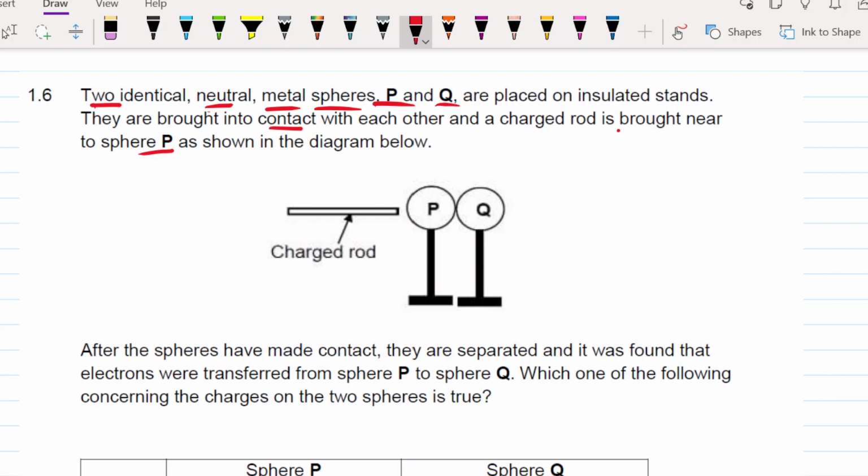After the spheres have made contact, they are separated, and it was found that electrons were transferred from sphere P to sphere Q. Which one of the following concerning the charges on the two spheres is true?